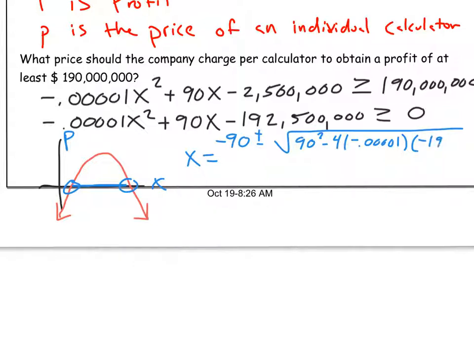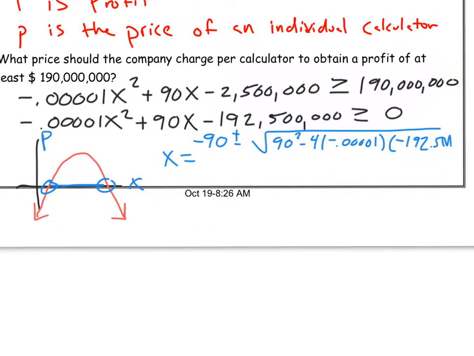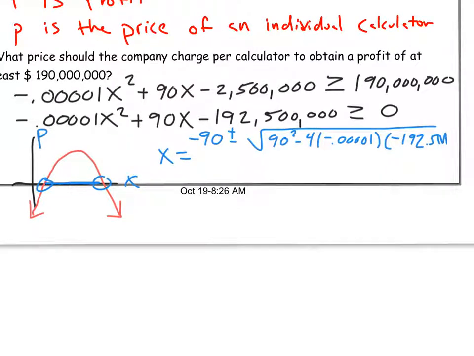I got to abbreviate. 192.5 million is the best I can do. Not ideal, right? Obviously you're not going to find an M button on the calculator, but negative 192.5 million is what should go there. And all of this would be over 2 times negative 0.00001. Okay?